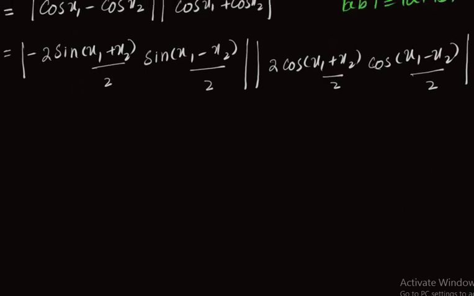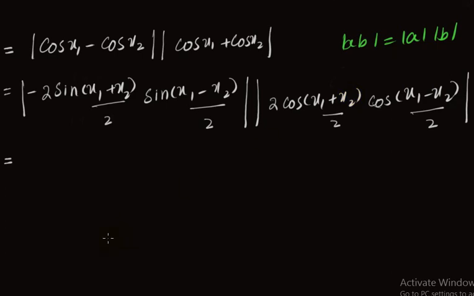Now students, again we use the property of mod as mod of AB is equal to mod of A mod of B. By using this property we can write it as 2 and 2 gives us 4, and mod of minus 2 is plus 2, so this gives us 4 times mod of sine of x1 plus x2 by 2 into mod of sine of x1 minus x2 by 2.